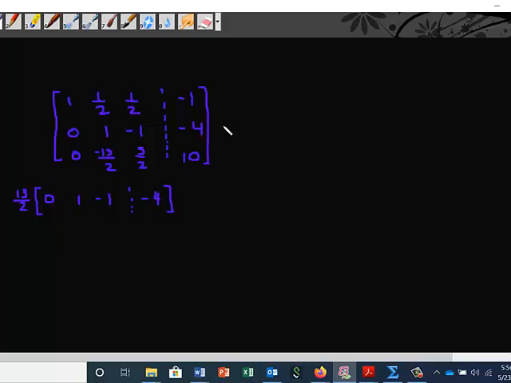Let me write out the algorithm: 13 over 2 times row 2 added to row 3 to get the new row 3. That's what we're trying to do.